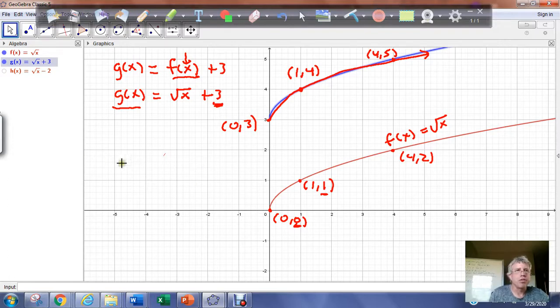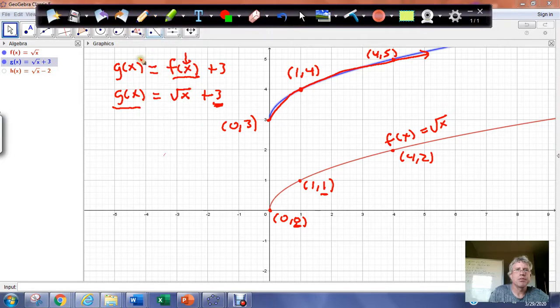So our other function we were asked to build was the function h of x, and h of x was to be built from f of x by subtracting 2 units from the outputs.